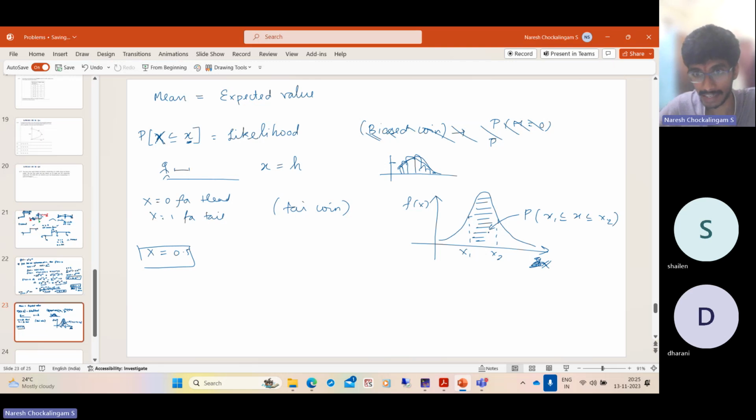So this is the probability given by the area, and the mean or the expected value is the moment of the area about the origin.